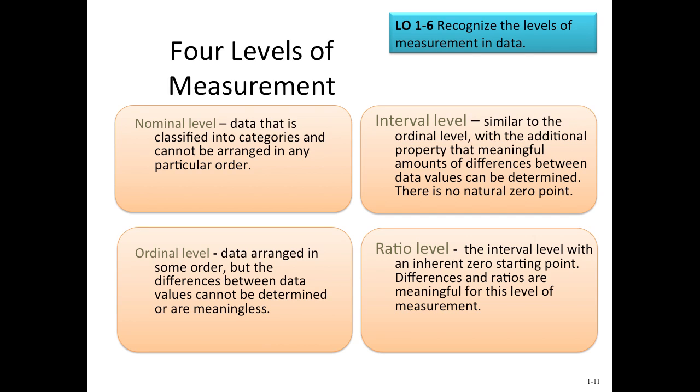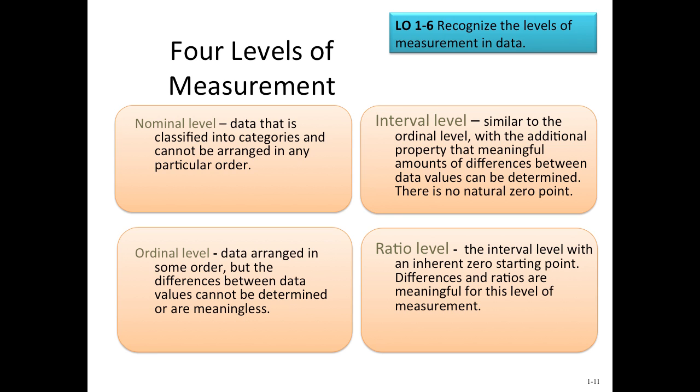So inches on a ruler, you know that 1 inch to 2 inches is the same distance as 2 inches to 3 inches, right? So that's the equal interval. If you looked at winners of a race, a track meet, the difference between first place and second place isn't necessarily the same as second to third. So that would only be ordinal.